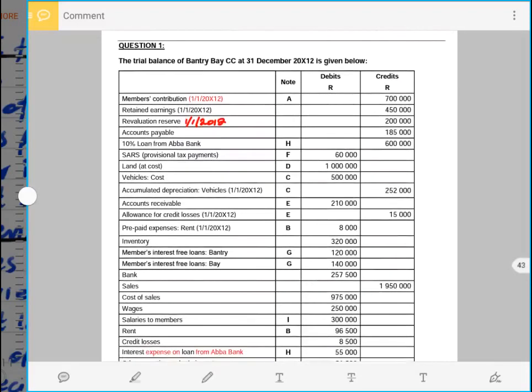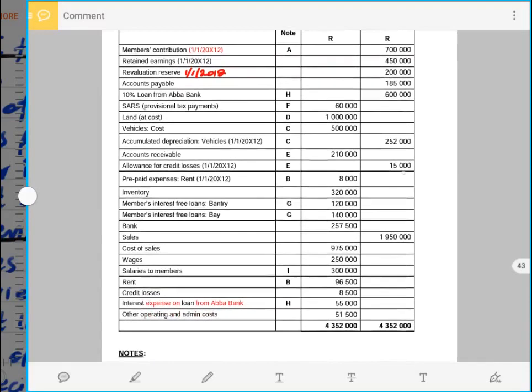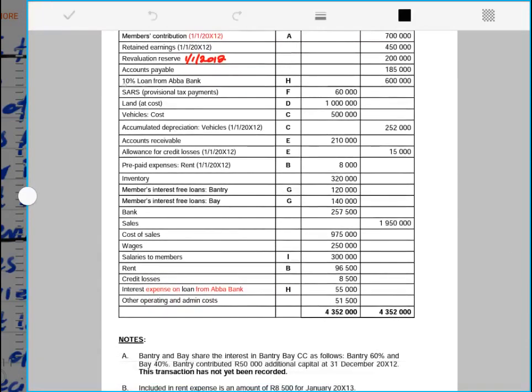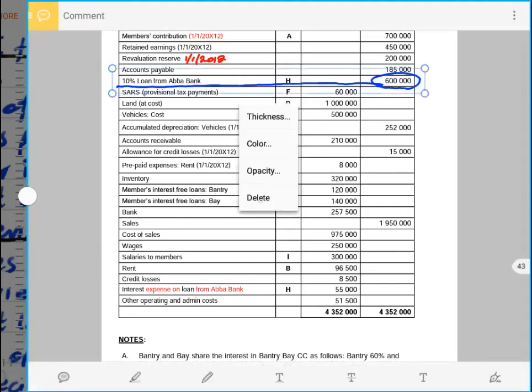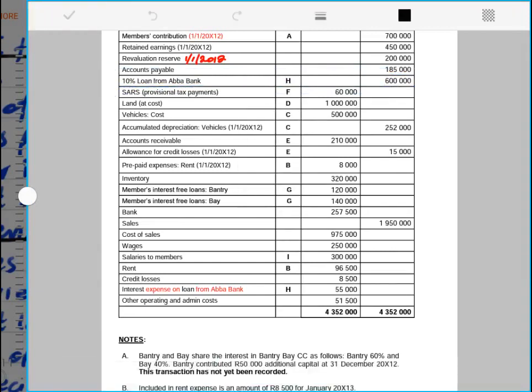We have the retained earnings opening balance, the revaluation reserves opening balance, and a 10% loan from ABA Bank amounting to 600,000 rands. And we have the SARS provisional tax payment. Remember, this is tax that was already paid during the year amounting to 60,000 rands.